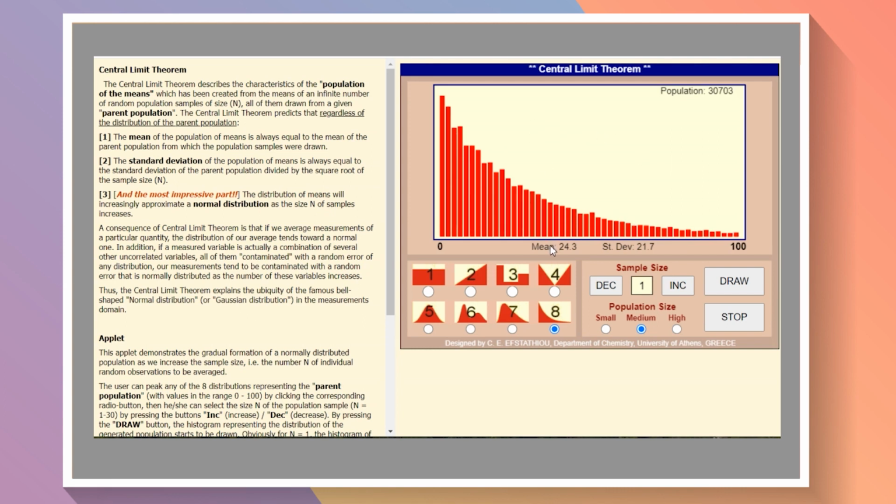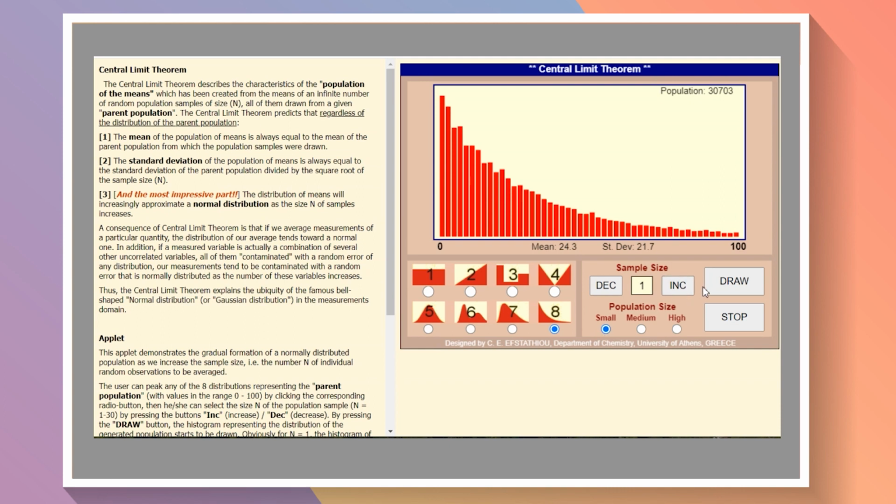This also shows two more values, which are the mean and the standard deviation of this distribution. Here the mean is 24.3 and the standard deviation is 21 point something. For the population size, three options are given: a small, a medium and a high population size.